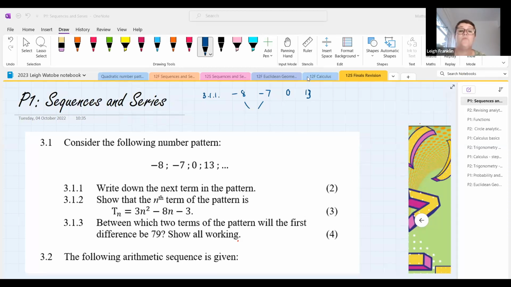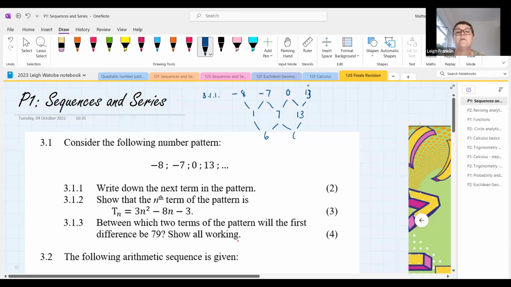That's it, it's going to be +1. Absolutely. Remember you're saying term 2 minus term 1. And over here, it's going to be 7, and then 13. And then the second differences are going to be 6 and 6.